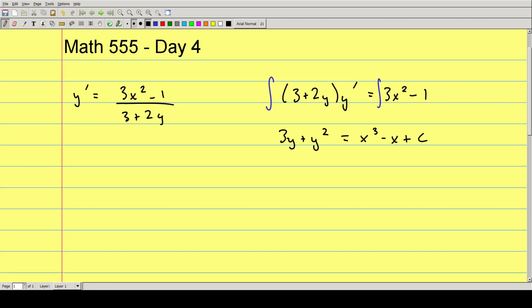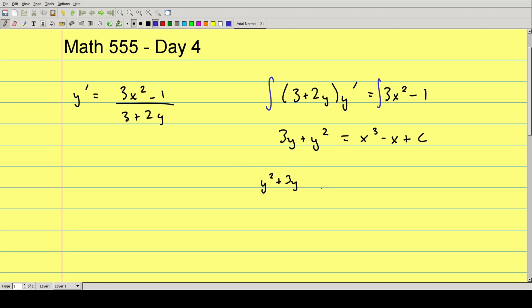Now, with this expression, we would like to isolate y. At first blush, it looks like maybe we can't do that, but we're better than that. What we can do is notice that this is the first two terms of a quadratic polynomial. So what we can do is complete the square.